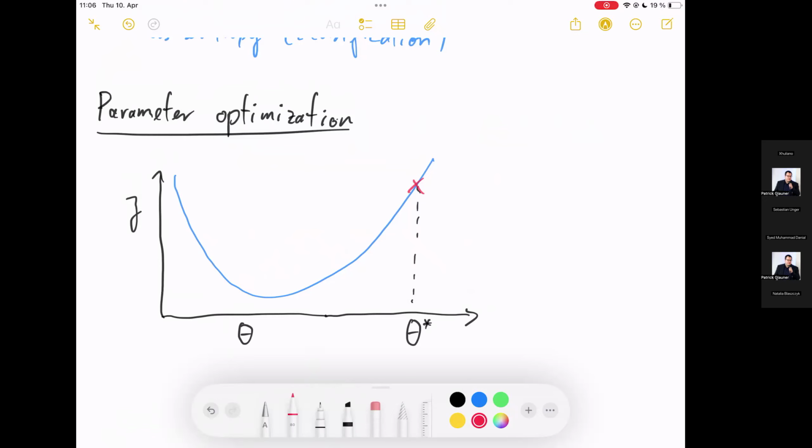And then you're not able to find an analytical or exact solution anymore, but rather you need a numeric approach. And the numeric approach is called gradient descent.